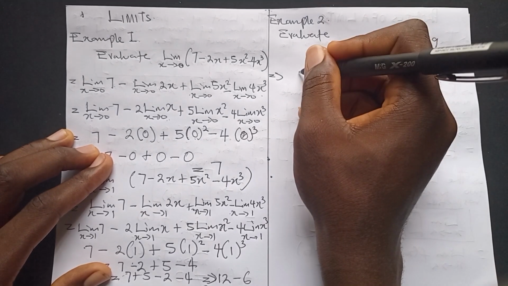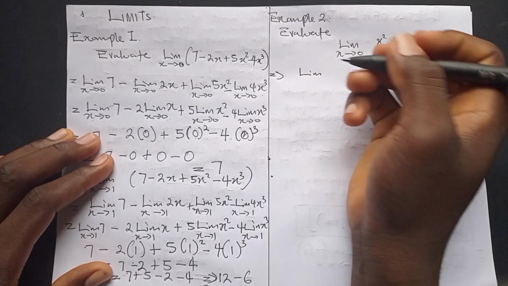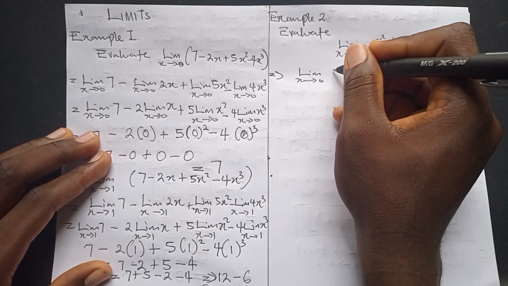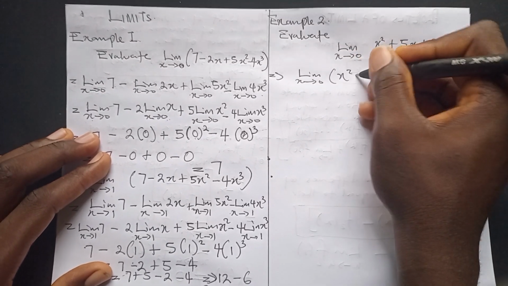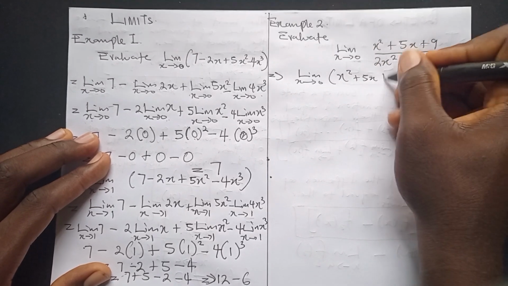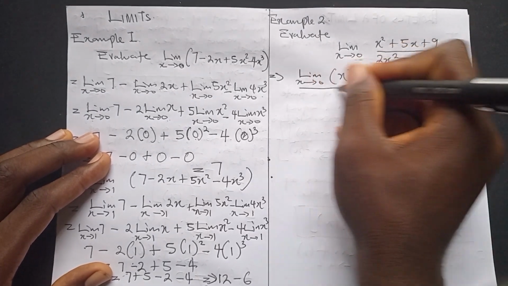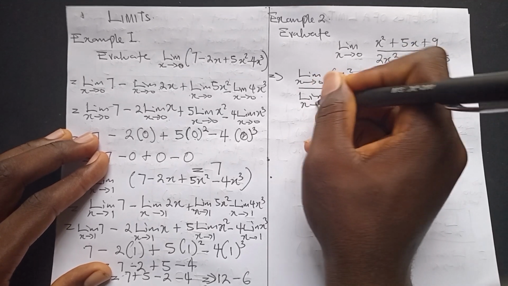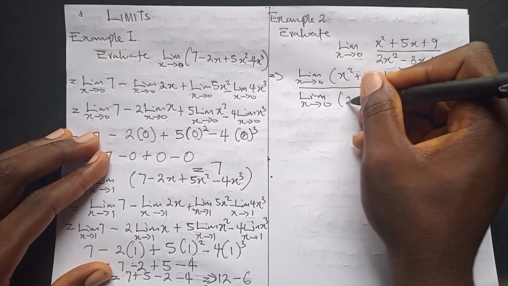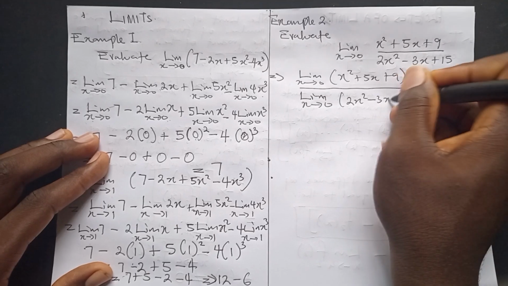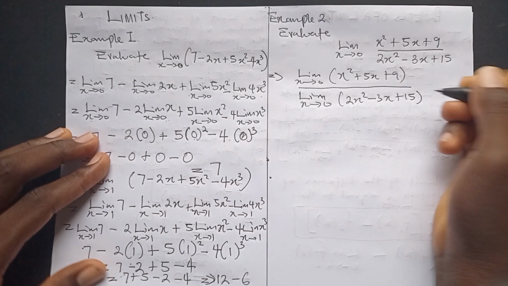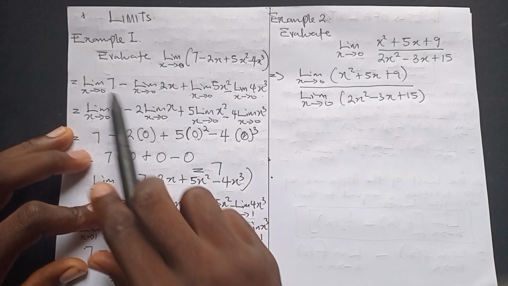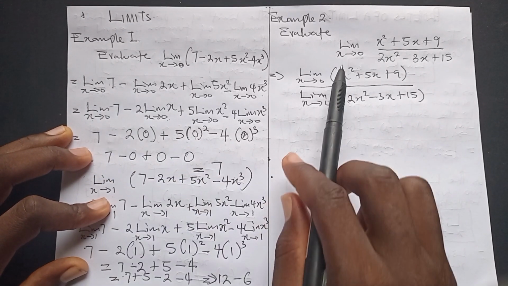This is equal to lim when x tends to 0 of x squared plus 5x plus 9, divided by lim when x tends to 0 of 2x squared minus 3x plus 15. Now we can evaluate both the numerator and the denominator like the way we did for example 1.